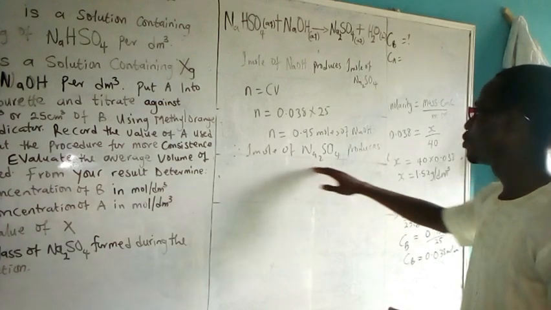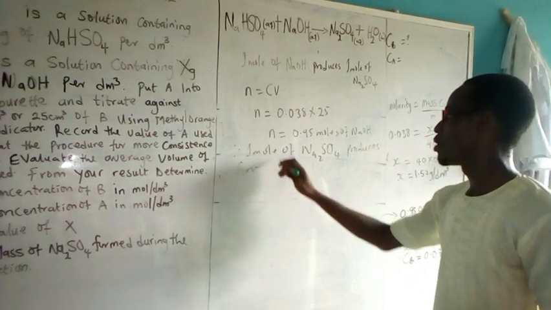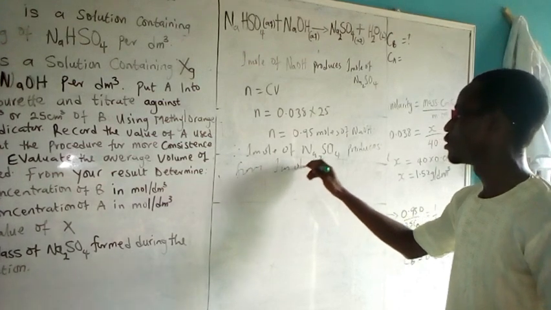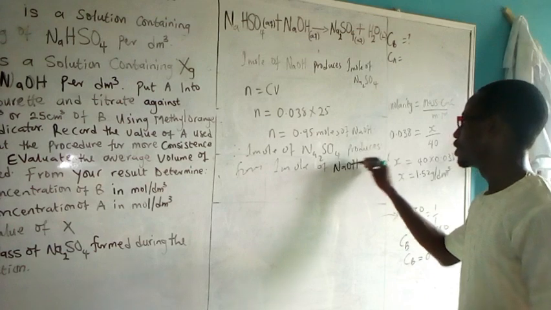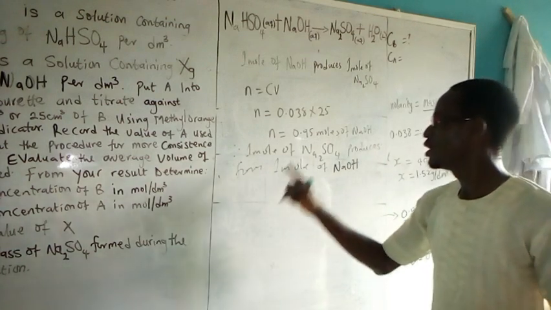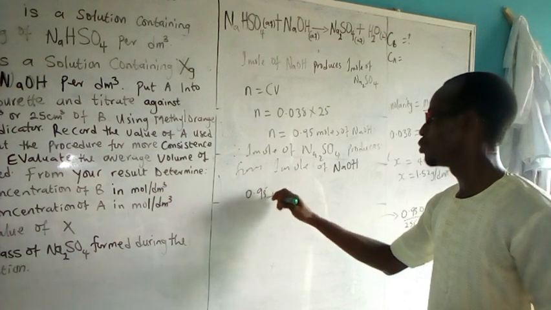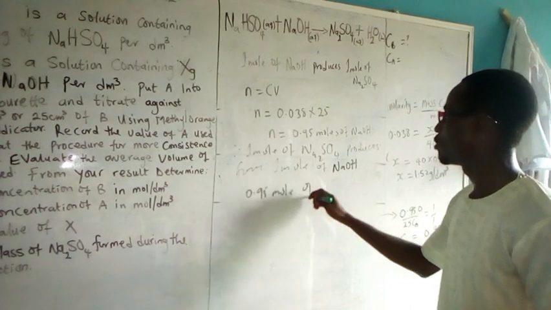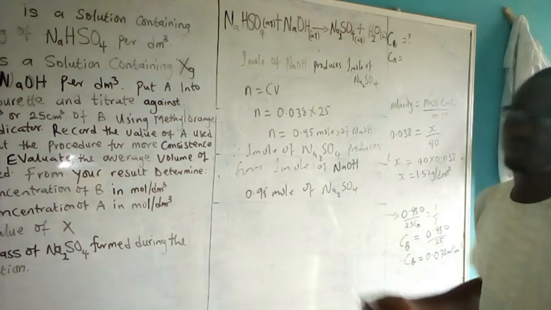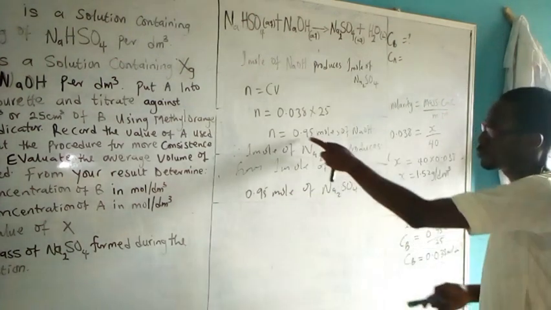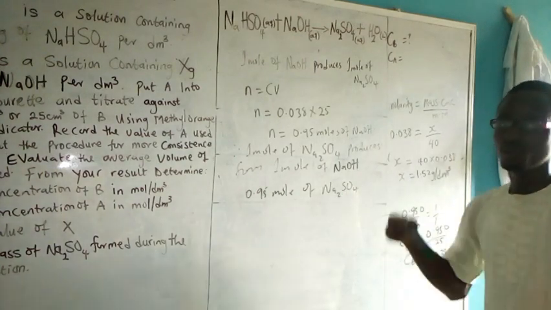Since 1 mole of Na2SO4 is produced from 1 mole of NaOH, they will have equal moles produced. So 0.95 moles of Na2SO4 is produced, since they have equal moles according to the equation. If 0.95 of this is used, then 0.95 moles of this will also be produced.